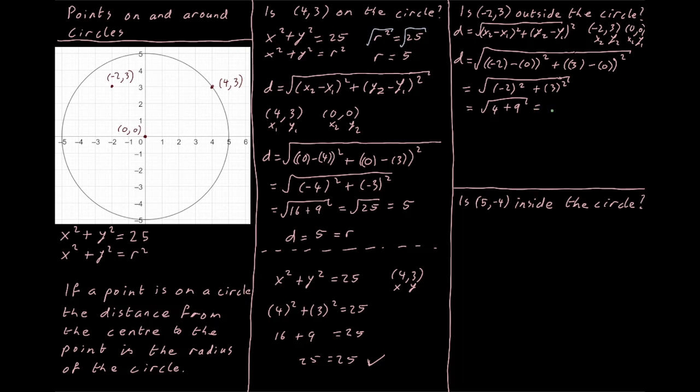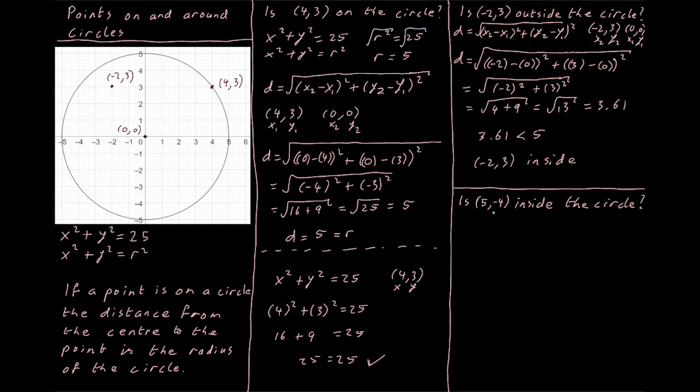So we get the square root of 13. And when we put that into our calculator, we find that we get 3.61. Now 3.61 approximately is less than 5, so our point is inside the circle. Minus 2, 3 is inside the circle.